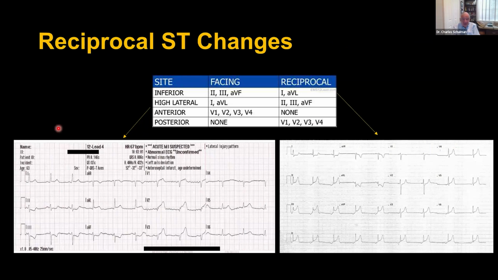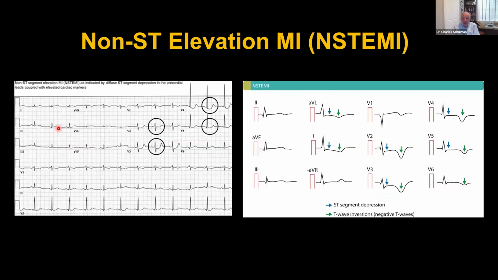All right. Now, we come to a non-ST elevation MI, NSTEMI. A lot of things are called NSTEMIs that really aren't. And sometimes NSTEMIs are due to non-obstructive disease, but sometimes they're due to obstructive disease and you just don't realize it.